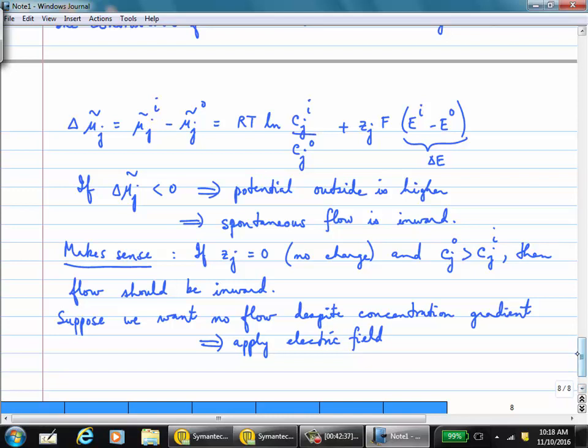Well, basically these two terms here have to sum up to 0. Then there'll be no flow from outside to inside, no flow of the solute.